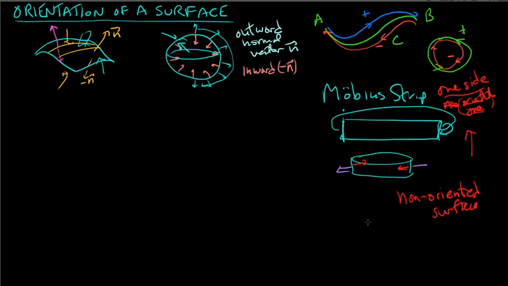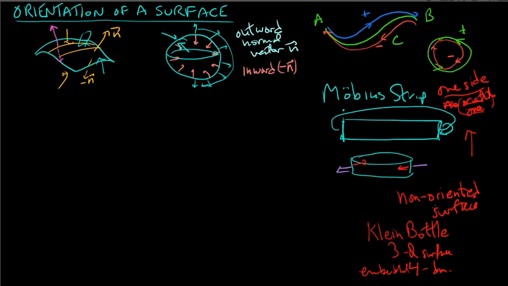Another example is the Klein bottle, and I definitely can't draw that because it's a four-dimensional surface, or, no, a three-dimensional surface sitting in four dimensions. It's embedded in four dimensions, and I can't draw four dimensions, so we're not going to be able to draw the Klein bottle.